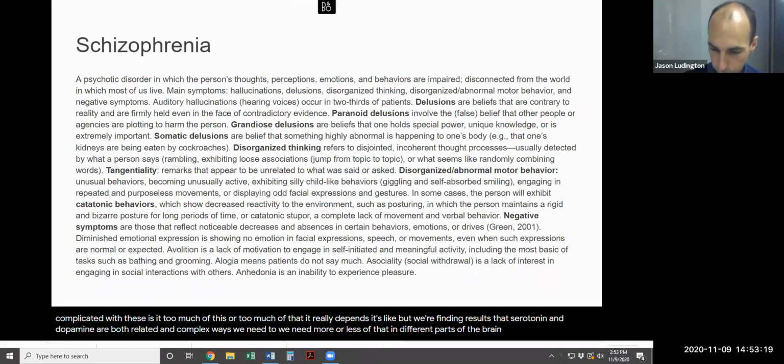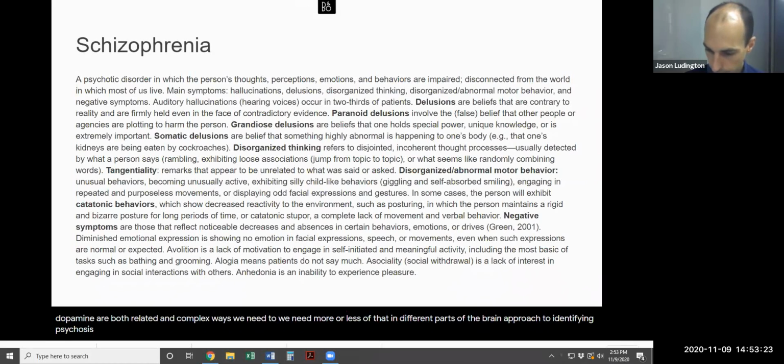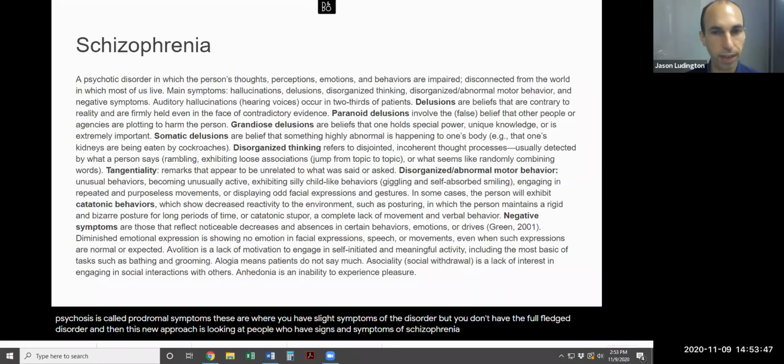A new approach to identifying psychosis is called prodromal symptoms. These are where you have slight symptoms of the disorder, but you don't have the full-fledged disorder. And then this new approach is looking at people who have signs and symptoms of schizophrenia without having schizophrenia.